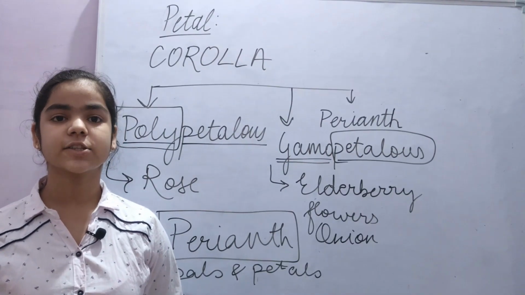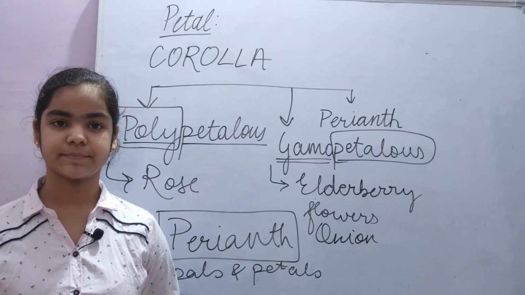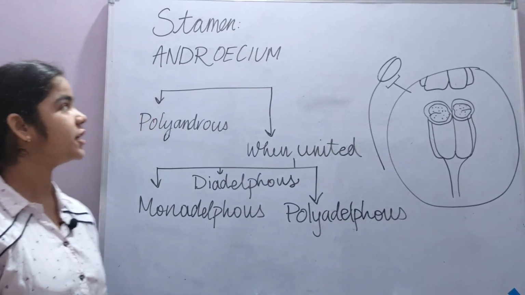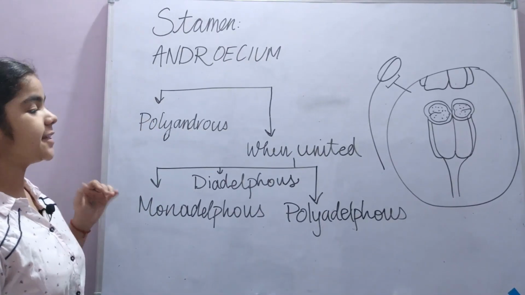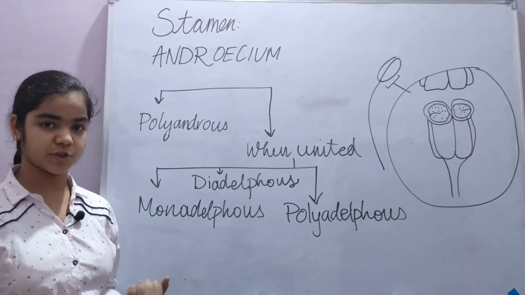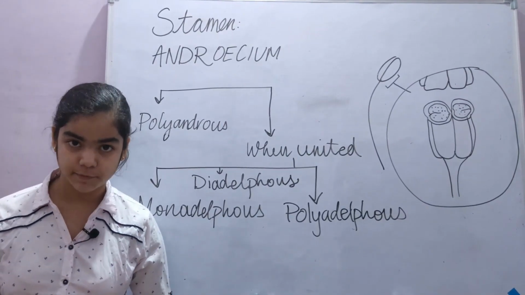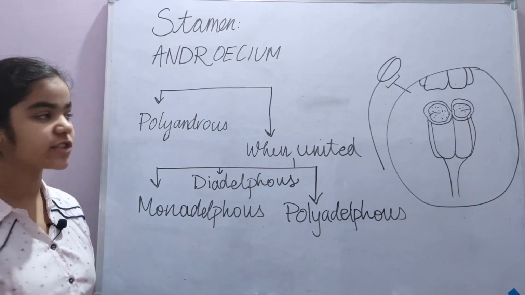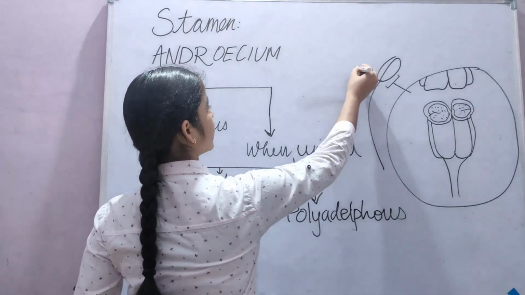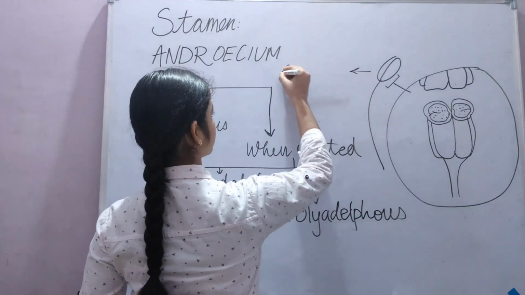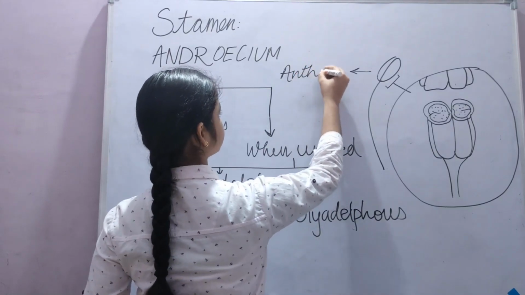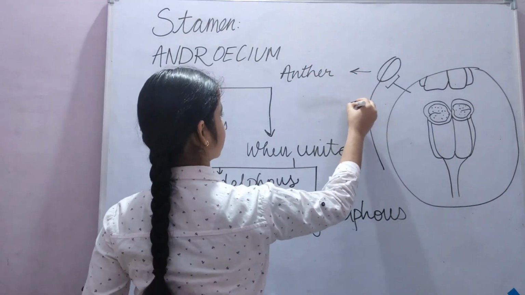Let us discuss the third whorl, androecium. The third whorl is stamen, and the collective term for this is androecium. Androecium is the male part of a flower, and it can be further subdivided into two parts, anther and filament.